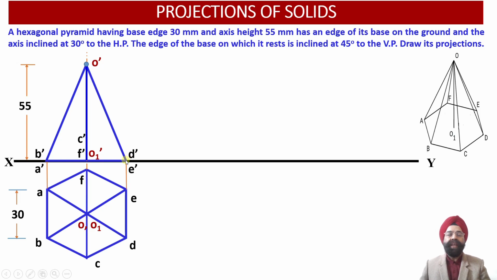So this way we have been able to obtain the front view and top view projections of the hexagonal pyramid which is resting on its base onto the horizontal plane.